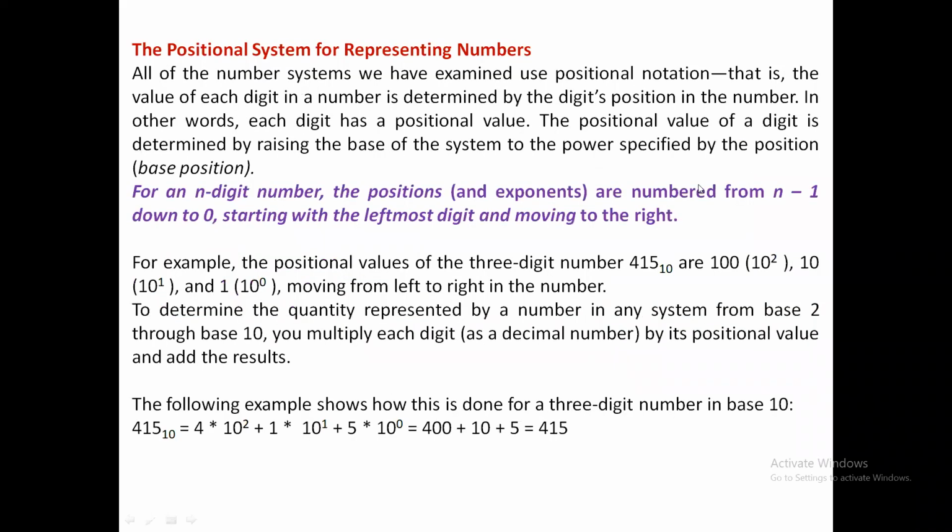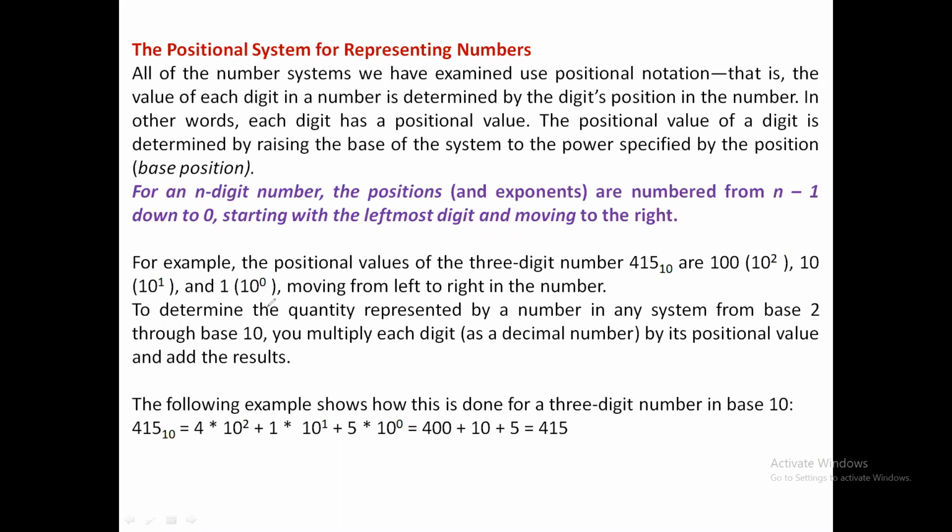The next thing is what is meant by the positional system for representing the numbers. This is a simple, basic topic you need to understand. The positional system contains the positional values of the corresponding base exponentiated to the number of digits in the corresponding number given.